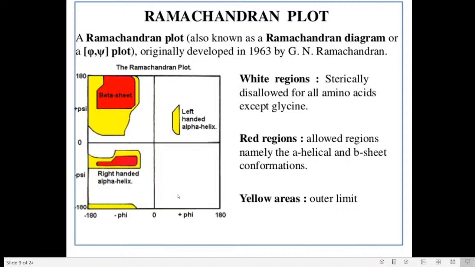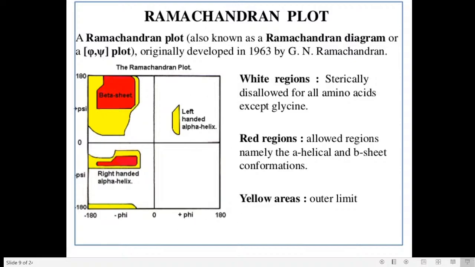The very important thing in this Ramachandran plot: the plus psi and minus phi region is for the beta sheets, the minus phi and minus psi region is for the right-handed alpha helix, and plus psi and plus phi is for the left-handed helix.